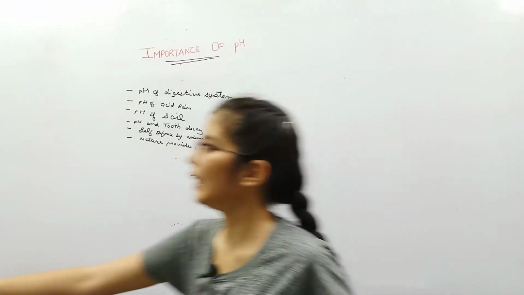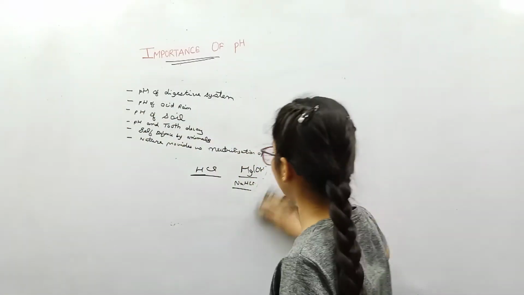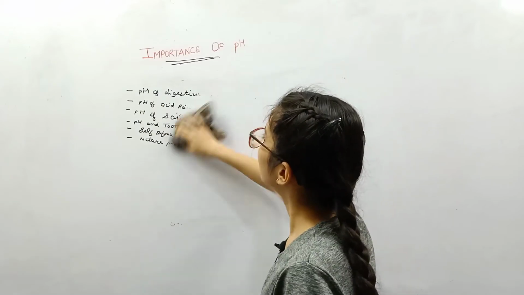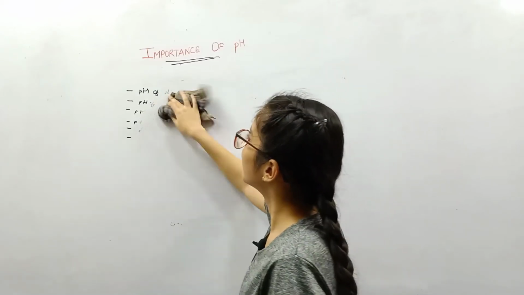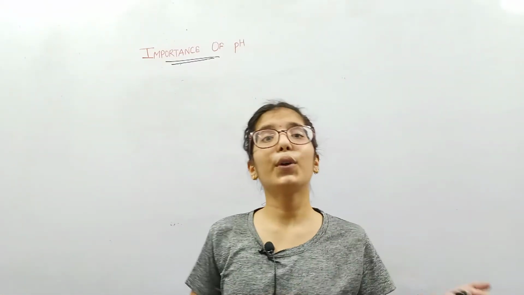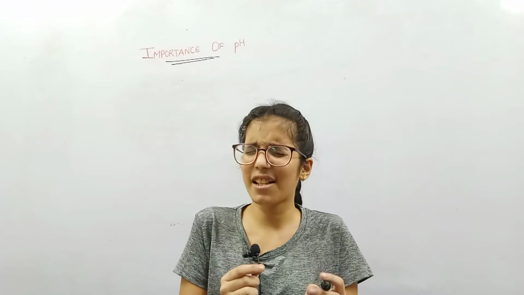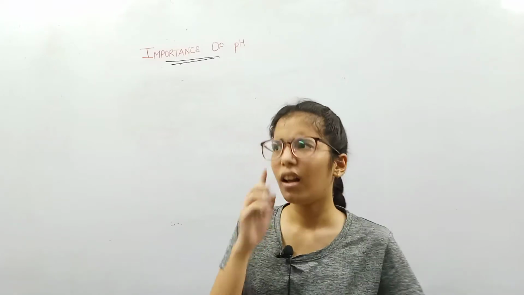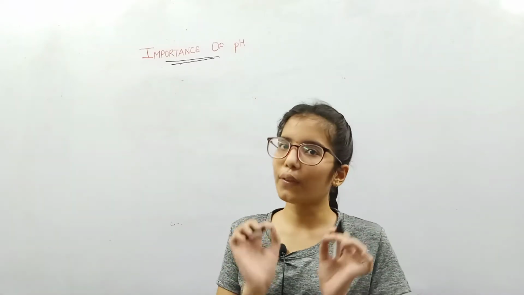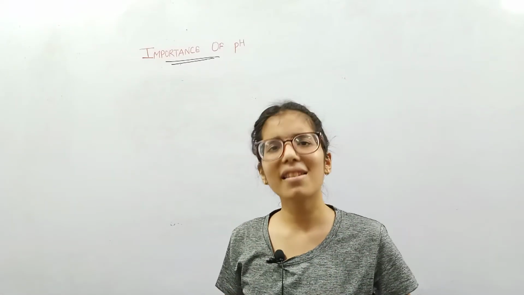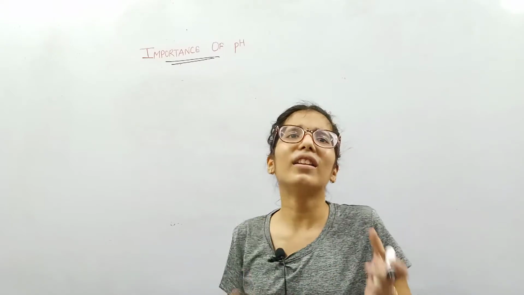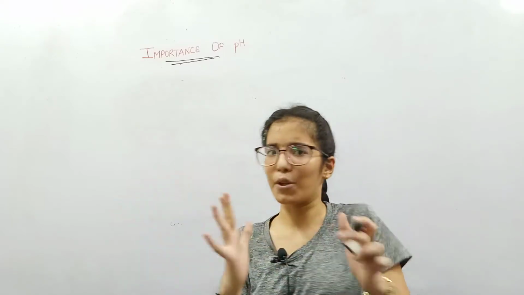And secondly, pH of acid rain. Before knowing about acid rain, it's necessary to know what an acid is. If I tell you in short, think there is presence of acid in the atmosphere, but sometimes due to more pollution, the acidity increases in the atmosphere.